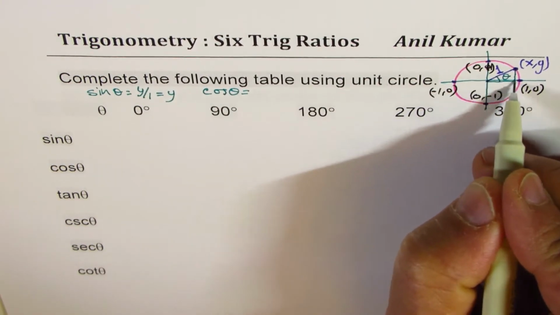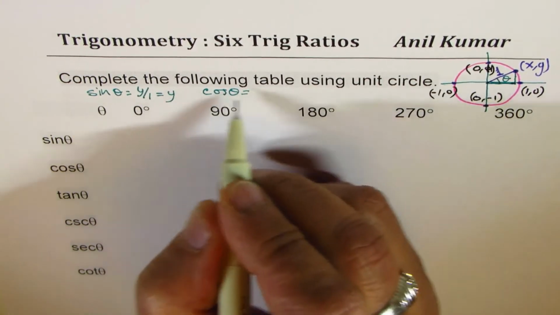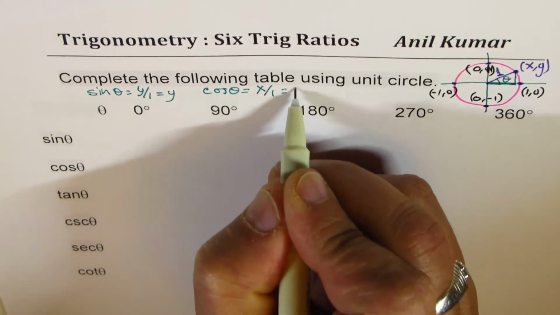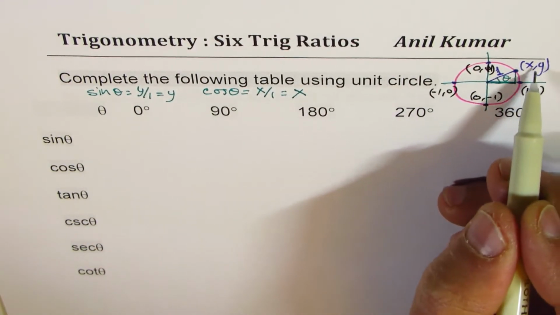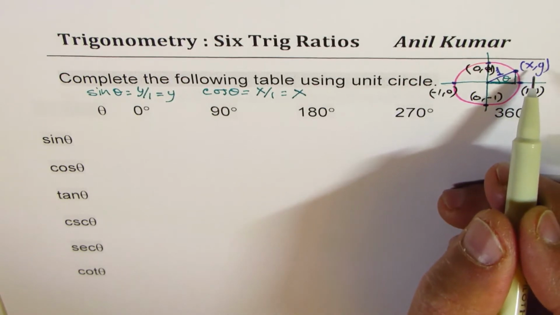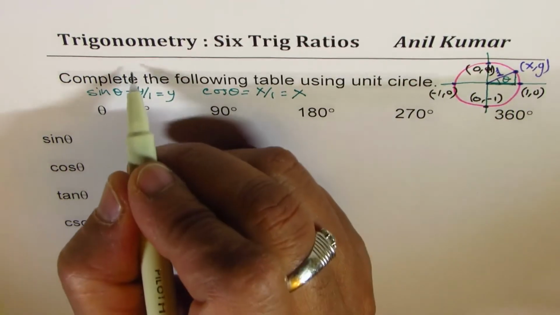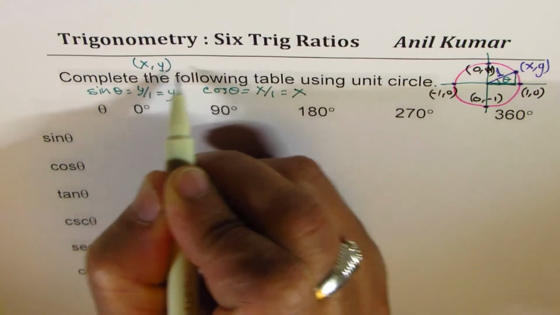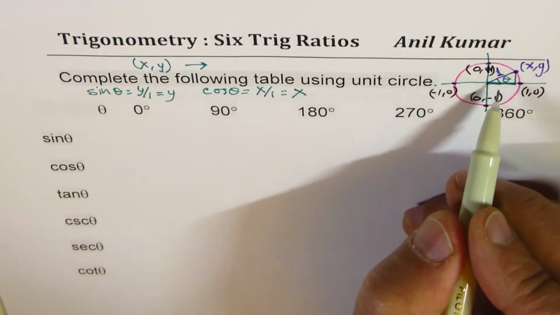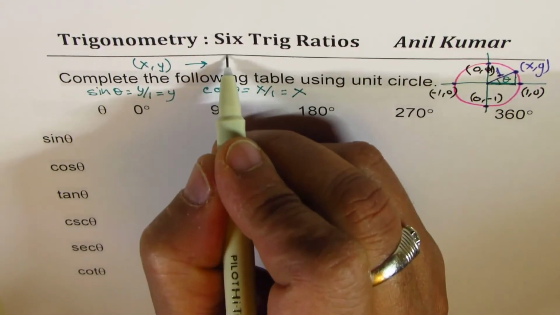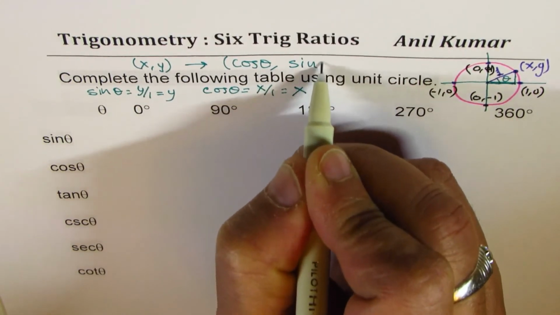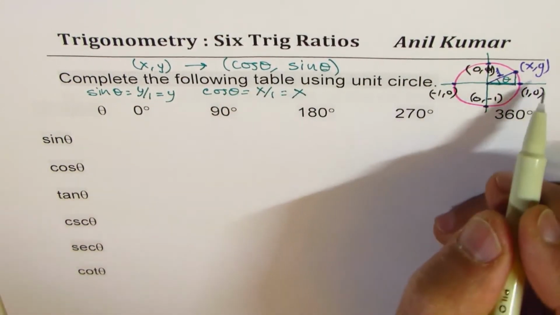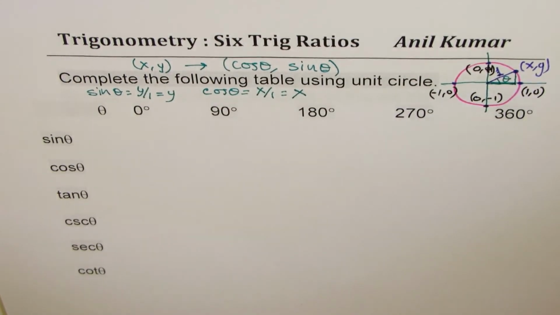Cos theta is adjacent side, which is x, over 1, correct? So any point x, y here could be written as, if the radius is 1 unit, cos theta comma sine theta. Do you understand?